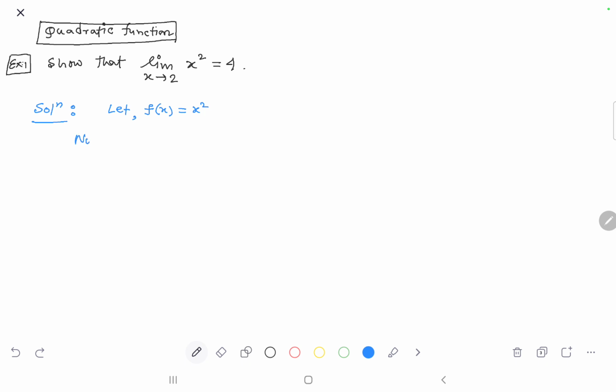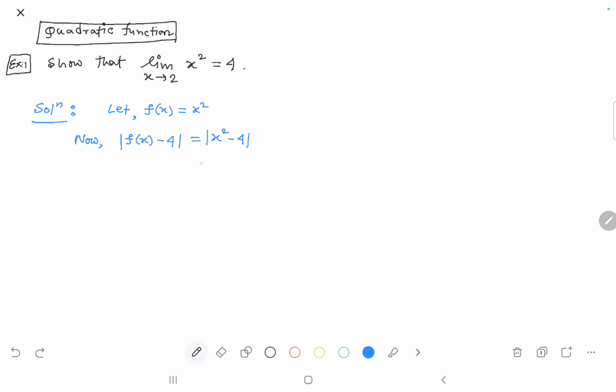Now what should we do? The absolute value of f(x) minus 4. This is basically the absolute value of x squared minus 4. But see, we need x minus 2, right? Because x tends to 2. So we need an x minus 2 on the right hand side.